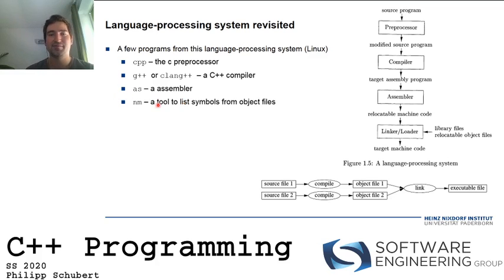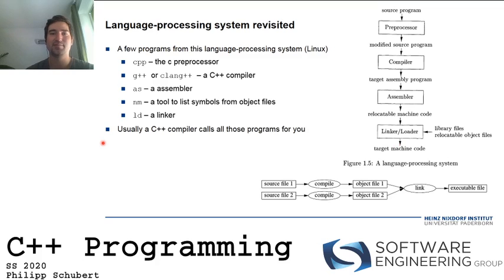Once you have an object file, you can use the NM program to list all the symbols that are defined in an object file. Maybe we'll do that later on in the exercise classes. It's quite funny, by the way. Just have a compiler compile a source file into an object file, and then you can see what's inside using the NM tool. And you have LD, the linker program, which makes the links as I already described.